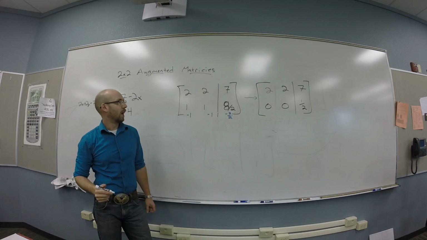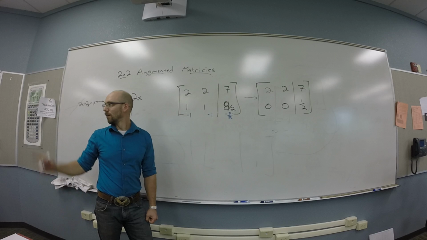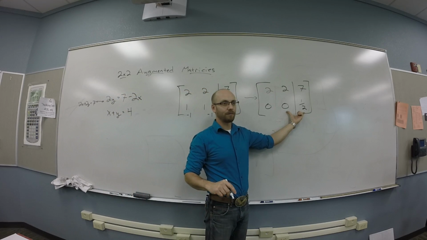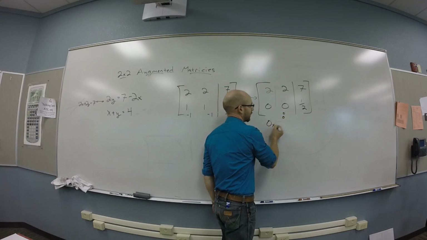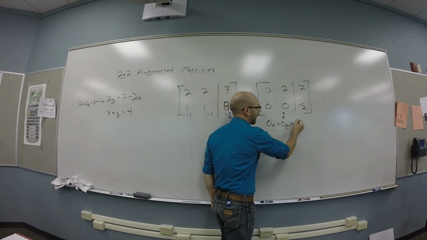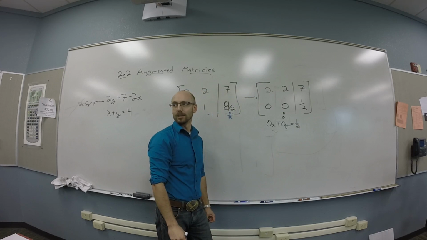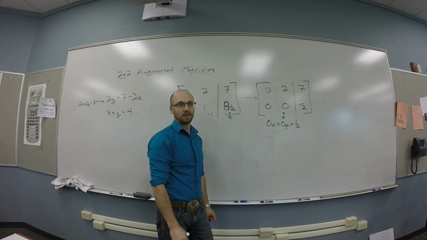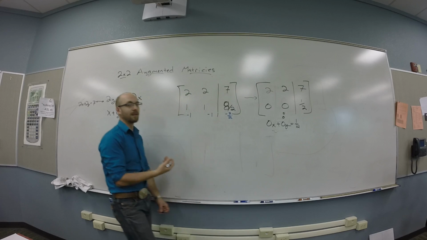Okay, but now I have a problem. 0 does not equal 1/2. So do you guys see that this bottom equation says 0 equals 1/2? That says 0x's plus 0y's is 1/2. That's not true. So that's, boom. Lies. Exactly. So what does this mean?